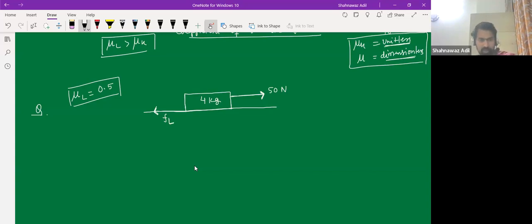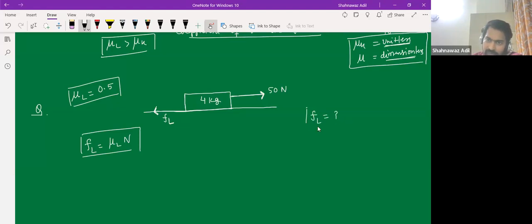You already know that FL is mu L times N. So calculate and tell me how much FL you are getting. Because we have done free body diagrams and the common forces in mechanics, this should be easy.